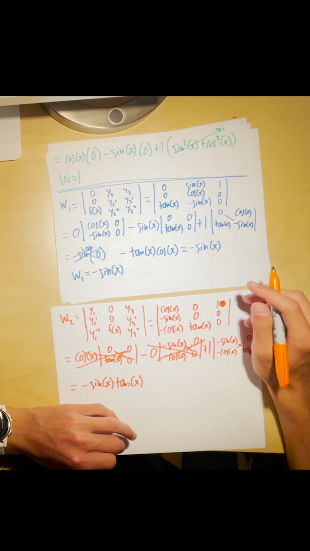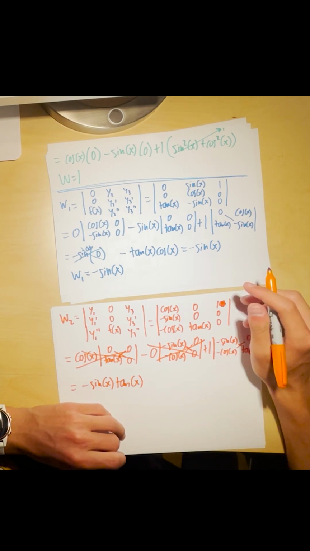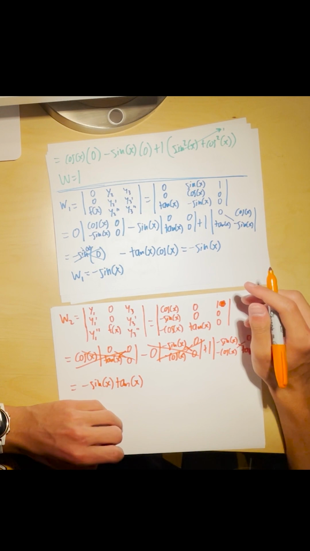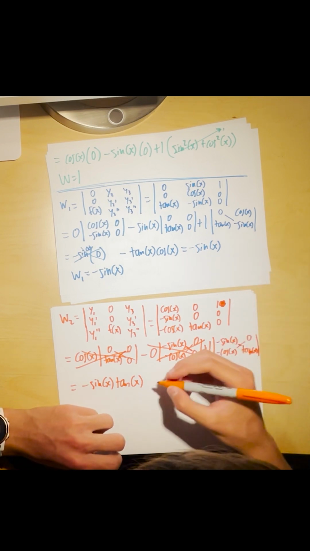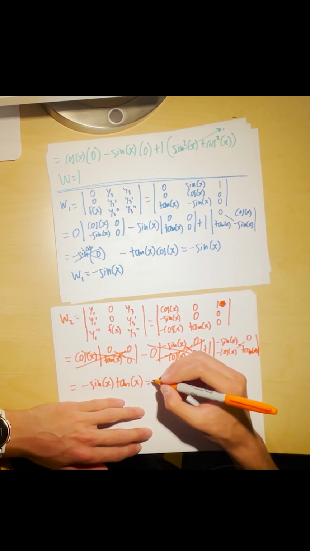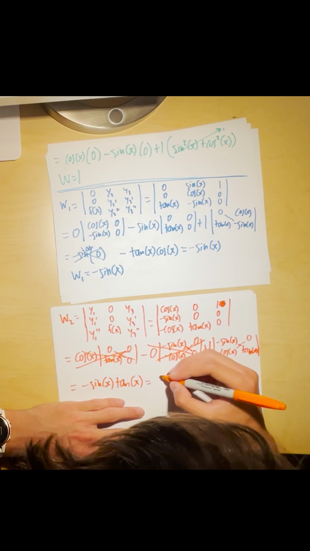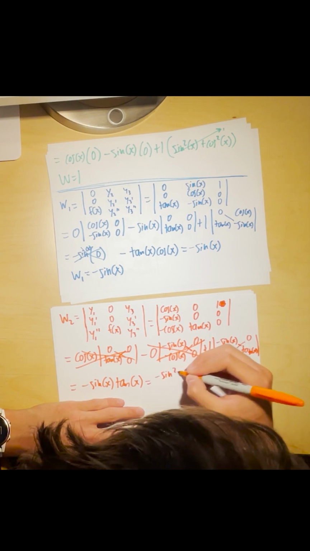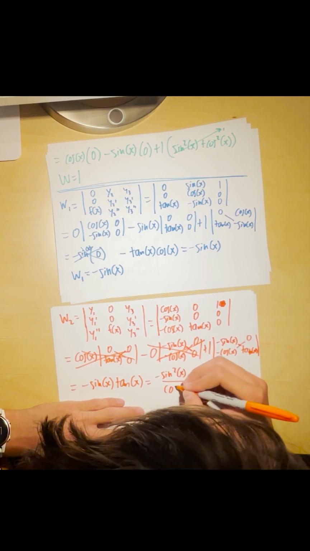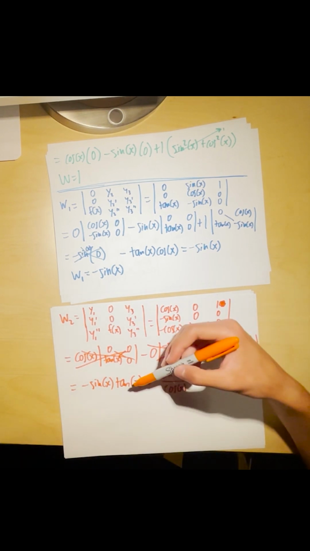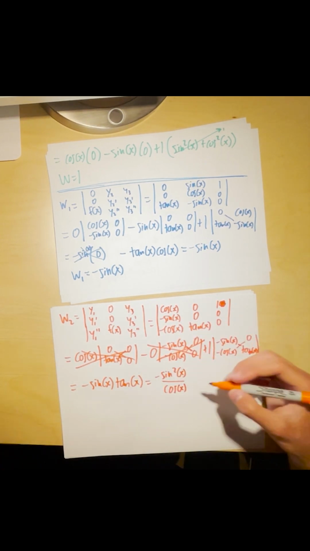We can rewrite this as the following. This will come to negative sine squared of x over cosine of x, because tangent x is sine x over cosine x.